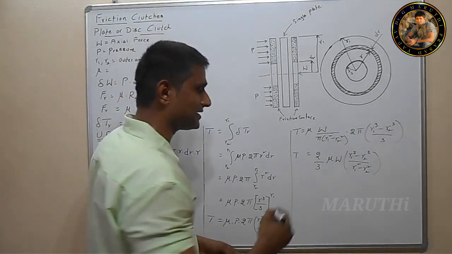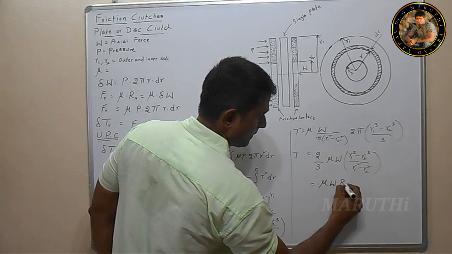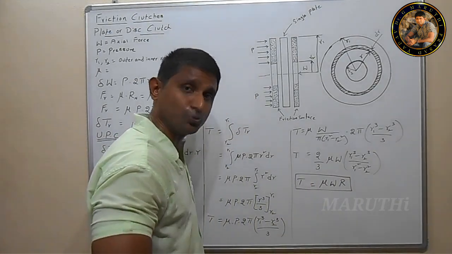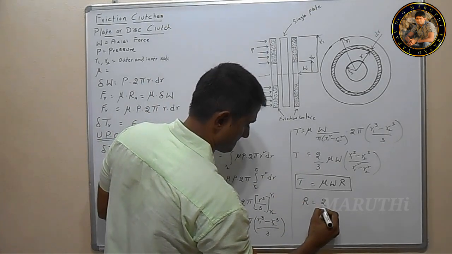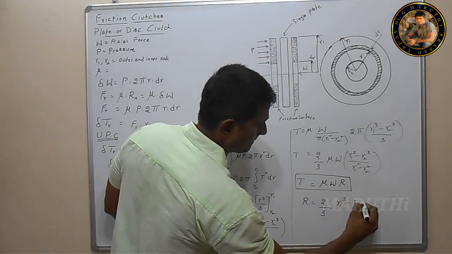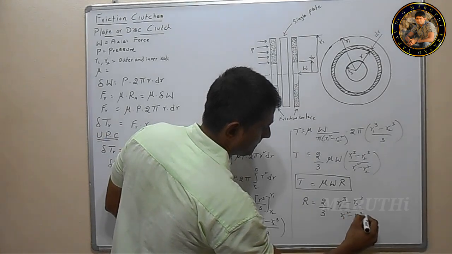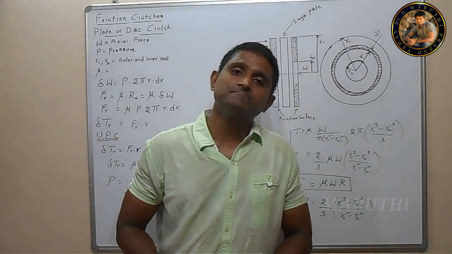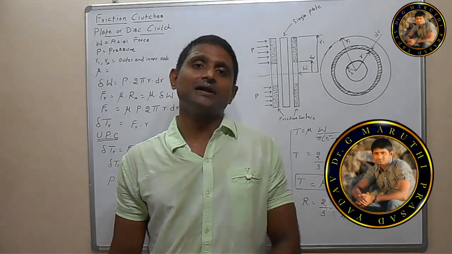It can be generally written as T equals mu W R, where R equals this. This is how we can calculate the maximum torque a single plate clutch can transmit.